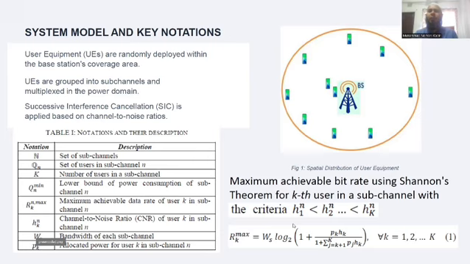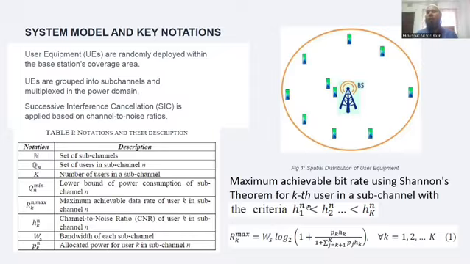One can use the Shannon theorem to compute the maximum achievable bit rate using Formula 1. This maximal achievable bit rate is given in terms of sub-channel bandwidth W_s, allocated power P_k, and channel to noise ratio, CNR. But here we have one criterion that must be fulfilled, which is the CNR of device 1 must be less than the CNR of device 2, which must be less than the CNR of device 3, and so on.